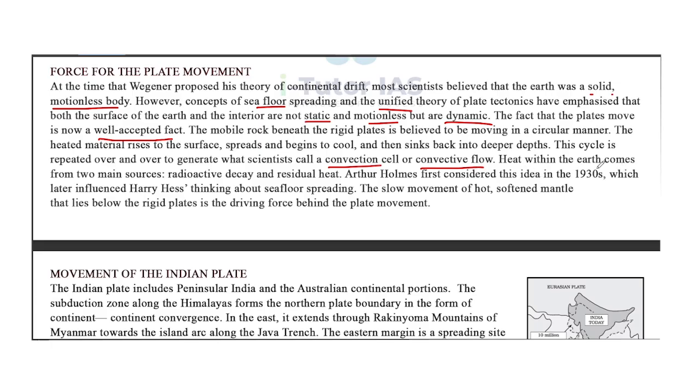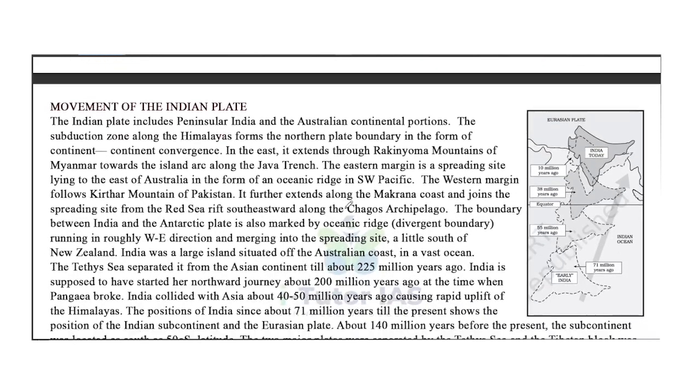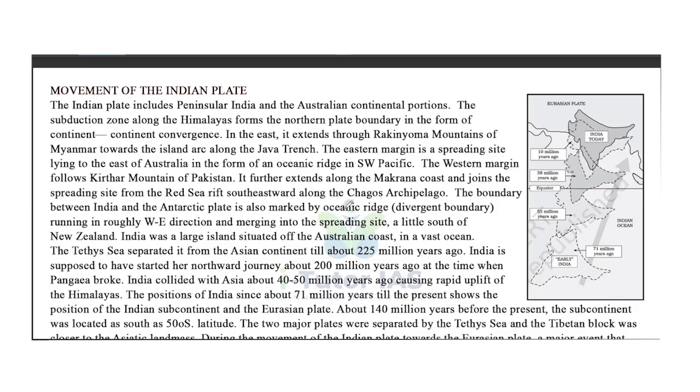Heat within the earth comes from two main sources, radioactive decay and residual heat. Arthur Holmes first considered this idea in the 1930s, which later influenced Harry Hess's thinking about seafloor spreading. The slow movement of hot, softened mantle that lies below the rigid plates is the driving force behind the plate movement.